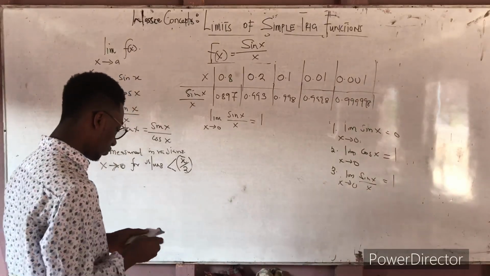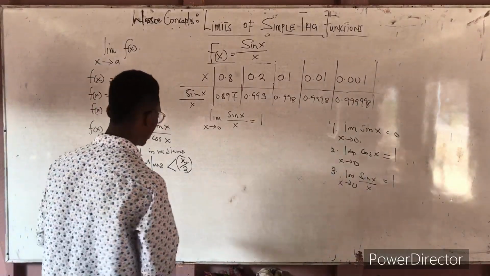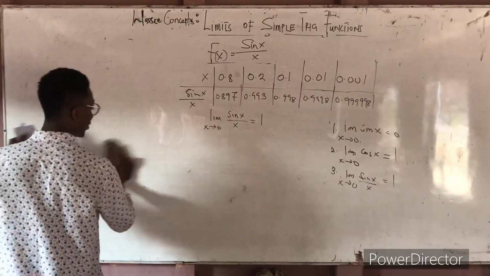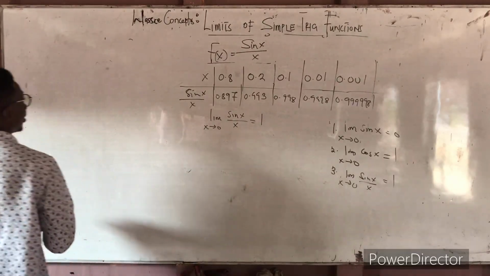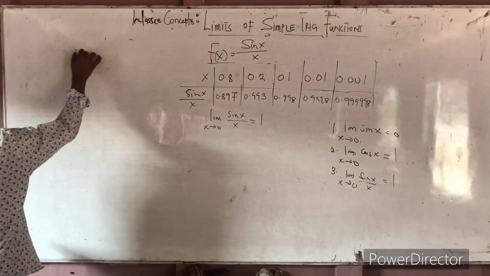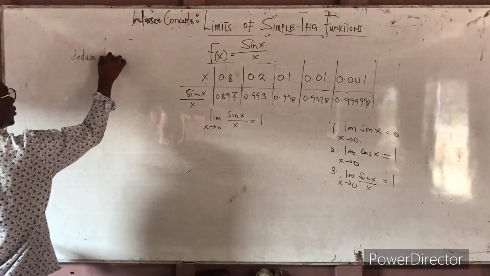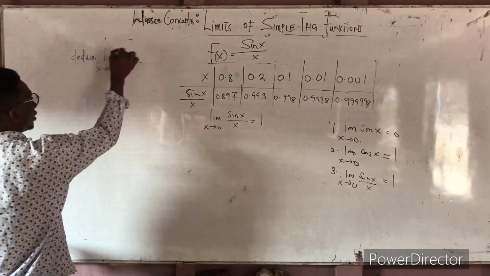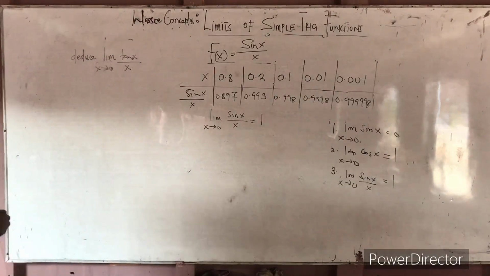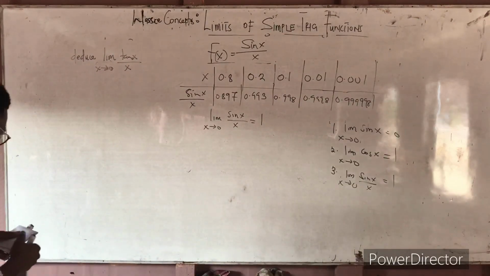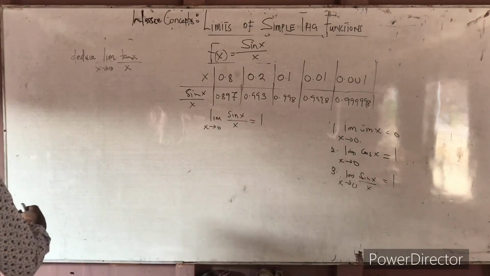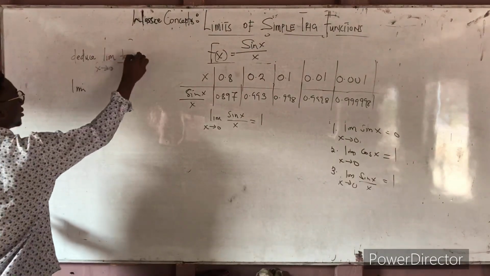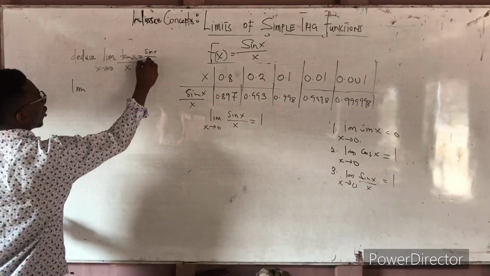Now, how do we deduce the limit of tan x on x as x approaches 0? How do we do this? You should note that tan x is the same as sin x on cos x.